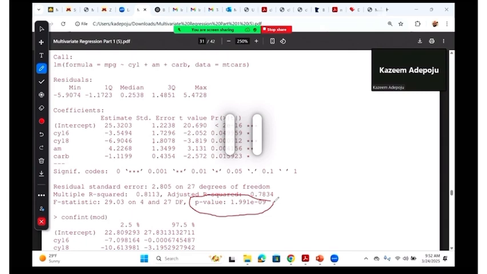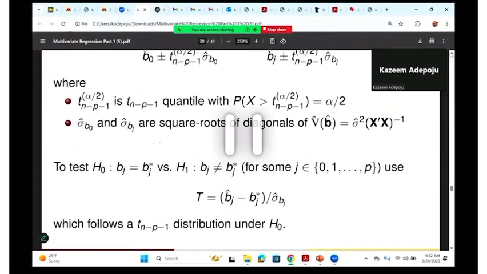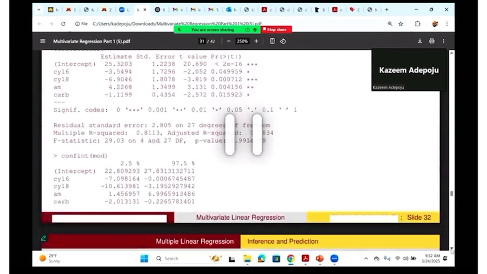But the p-values here are individual p-values associated with each predictor, on each beta. How do we automatically get the confidence interval I said I wanted to construct the other time, using this formula? If you do this, look at that.